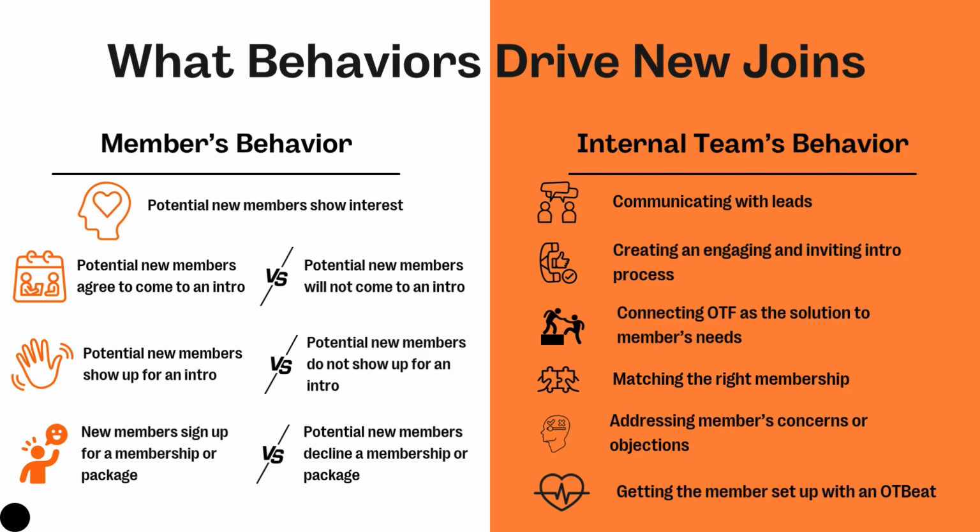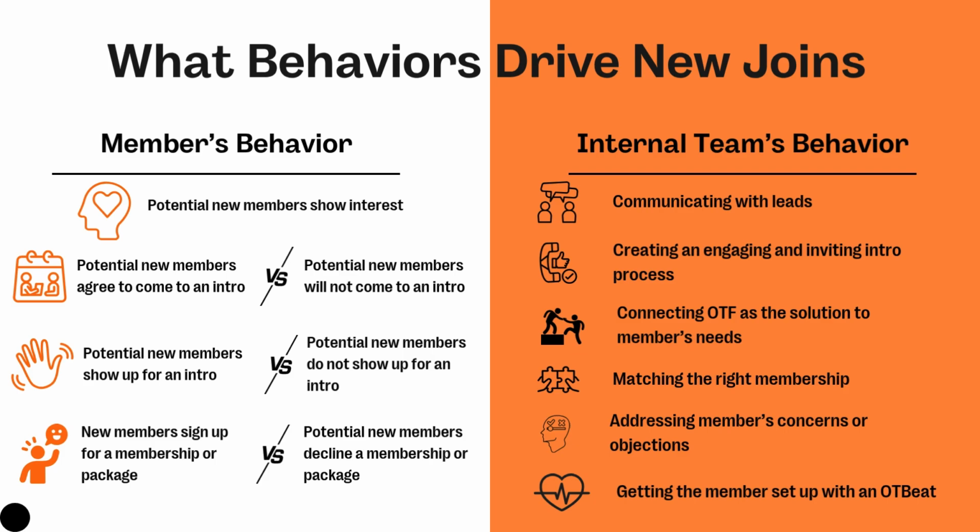So let's start with new joins. First, we have our members' behavior, and then we have our internal team's behavior. When it comes to new joins, our members can fall into they do or they do not. They're always going to start with showing interest, and then it falls into they book an intro or they don't.